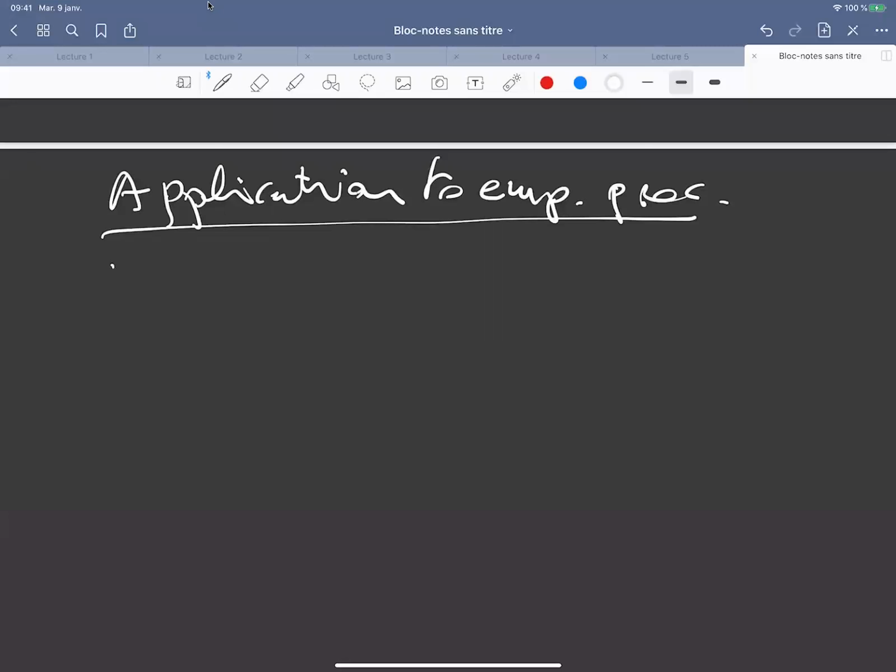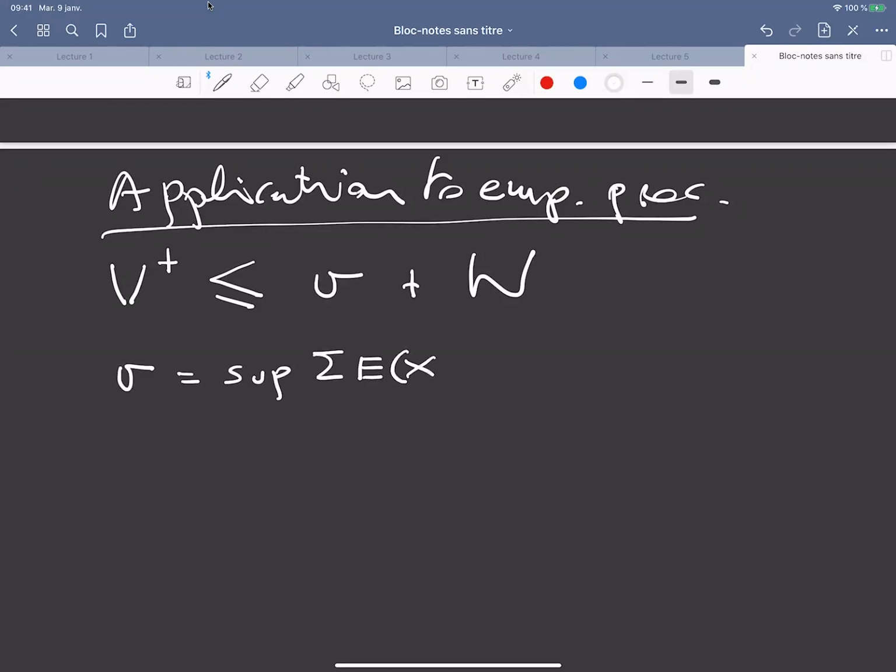We have already seen in the proof of Lagrange inequality that for empirical processes, the V plus quantity is less than small v plus capital W, where small v is the quantity that you like, that is the sup of the sum of the expectation of x_it squared.